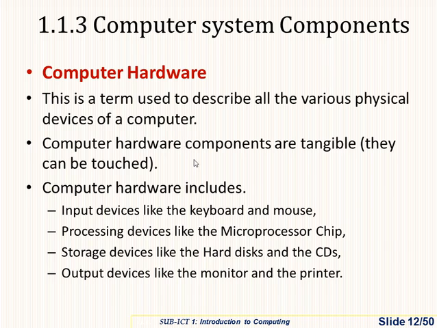They are used in the process of processing, and the main component there is the microprocessor chip, the CPU. And then we also have storage devices in case you want to keep your information after processing it, for example, the hard disk, the CDs, the flash disk, etc.